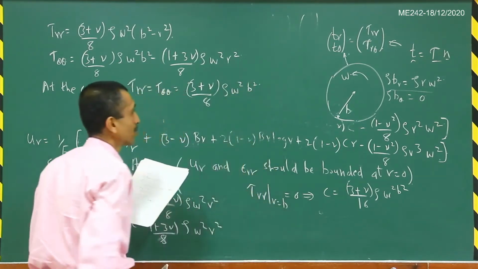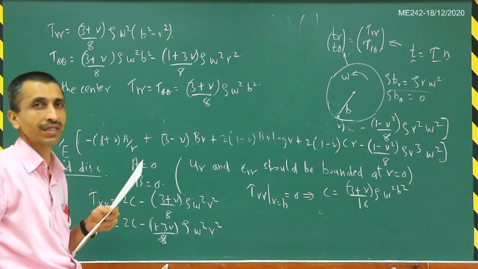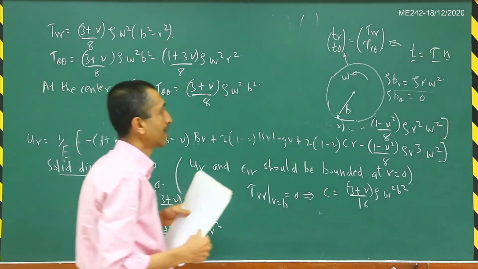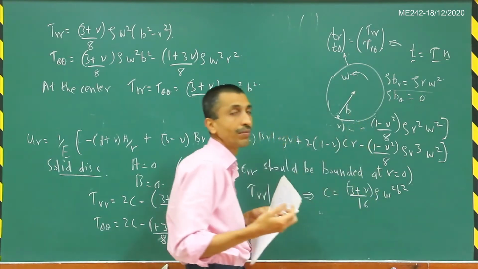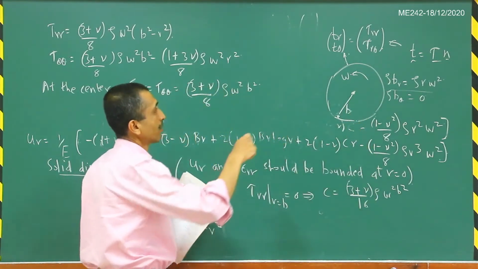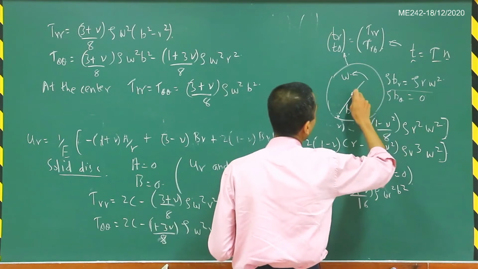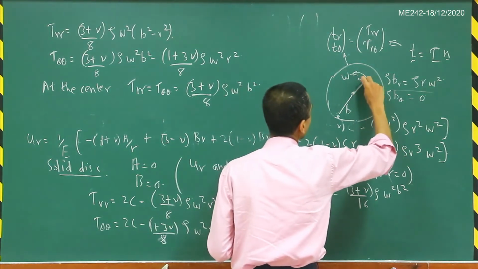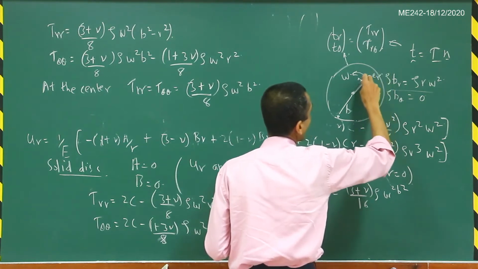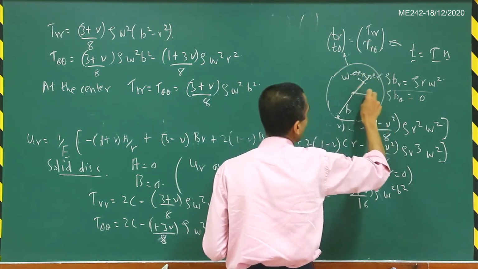So this is also a characteristic that whenever you have an axisymmetric problem, at the center the tau r and the tau theta theta will be the same. That is because, suppose how are the ER and the E theta defined? If you go at some slight distance, this is your ER and this is your E theta, so this is at theta.